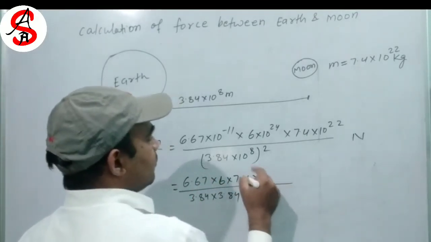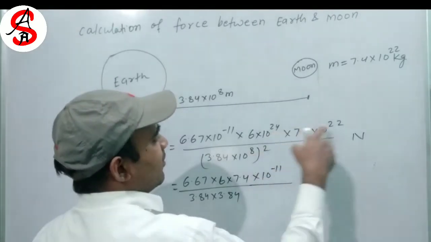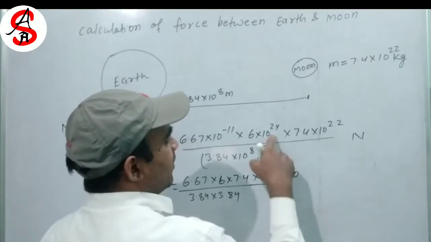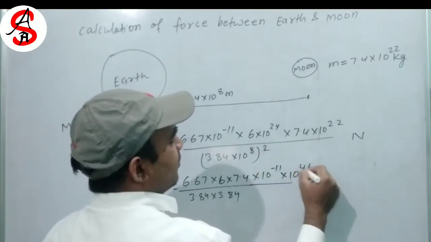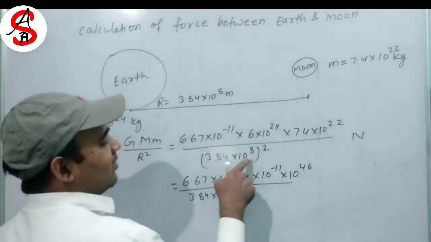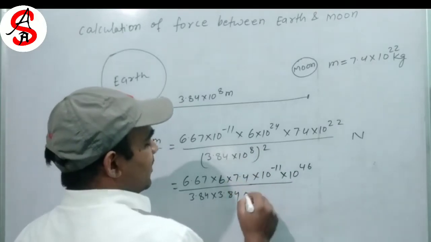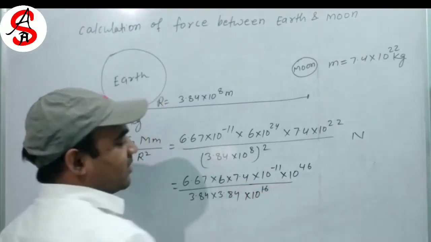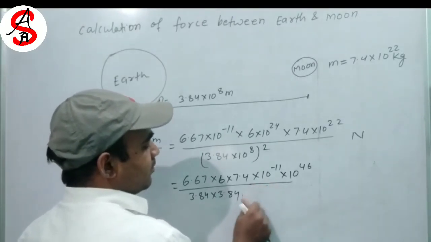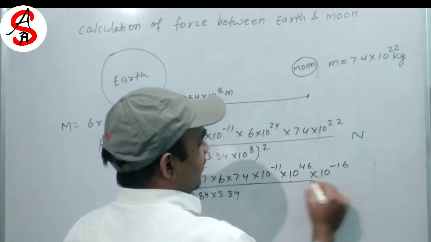Now 10 to the power minus 11 is added with the positive powers, into 10 to the power 46, that is 24 plus 22 is 46. And 10 to the power 8 whole square is 10 to the power 16, and if this goes up it becomes 10 to the power minus 16.